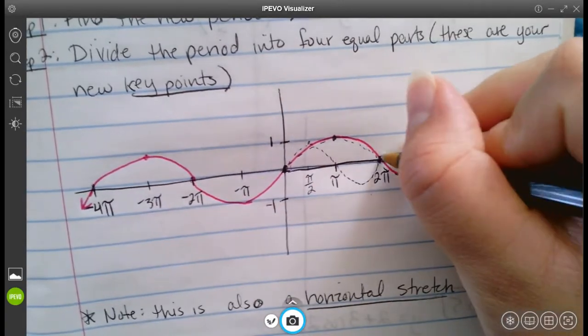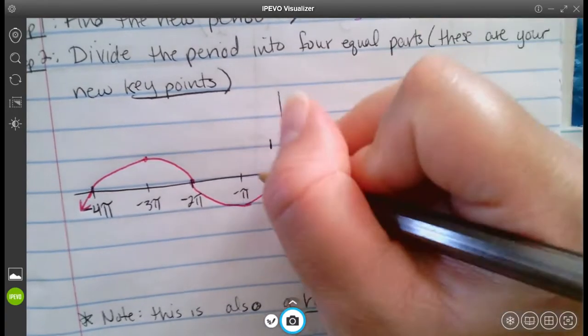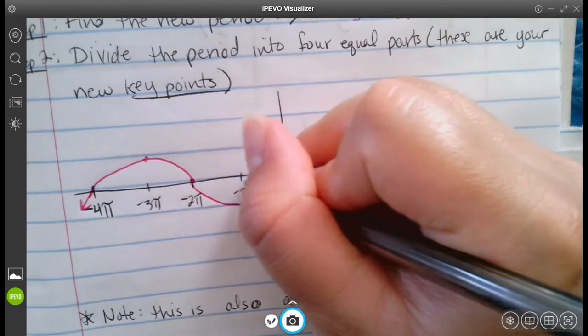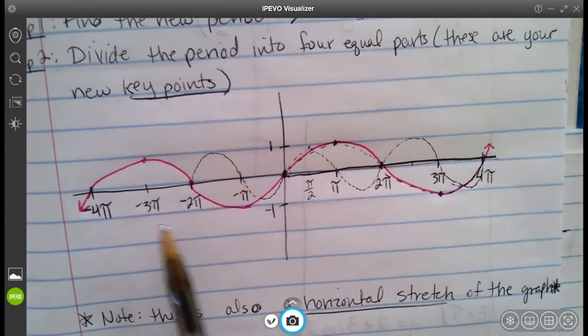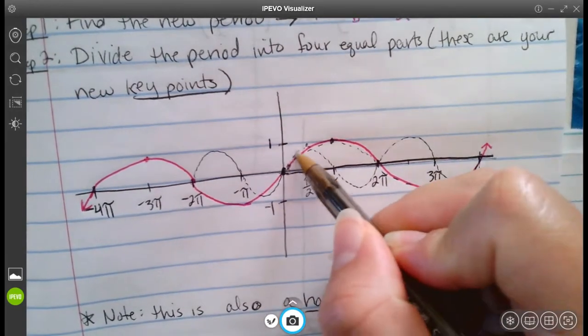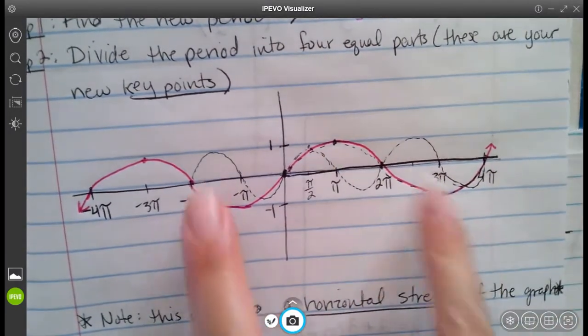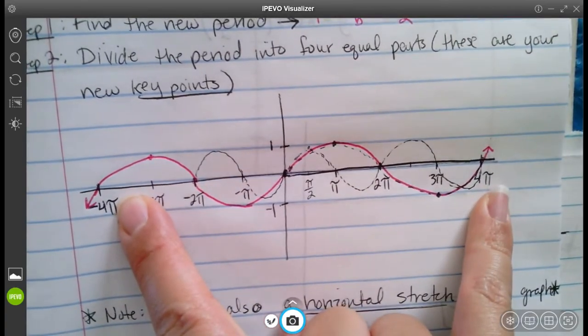So maybe something like that. I just did a few of the curves of sine. Basically, you can see with the one that's dashed that the new graph is stretched out this way, right? Isn't that kind of weird?